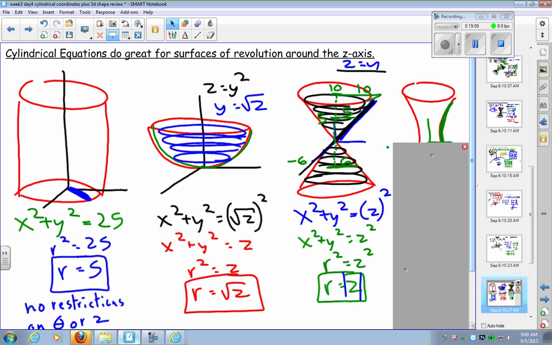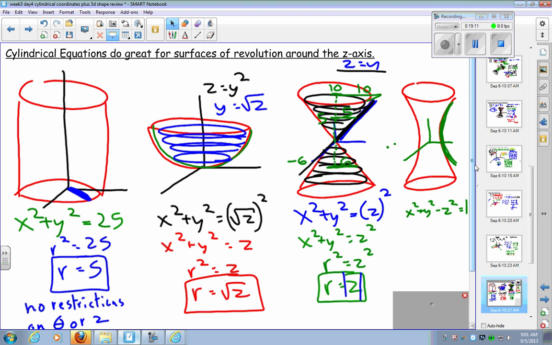Okay? And I got one more here. That's a hyperboloid of one sheet. So I just gave you a basic one here. Since I gave you a 1, that would mean that the radius at the origin is 1. And when you spin this out, there's circles all along the z-axis. That's why you have the x squared plus y squared.